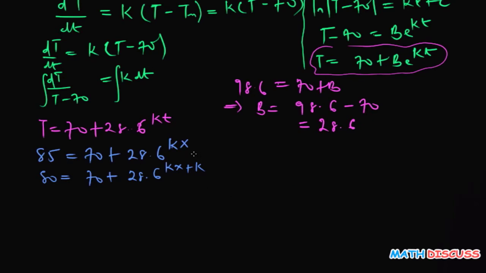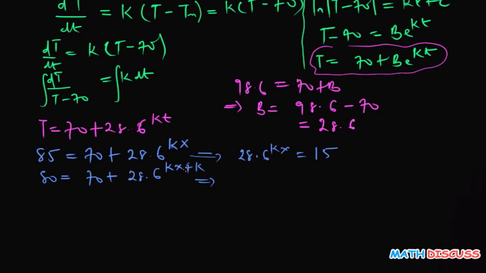So now from here we have 85 minus 70, so that's going to give us 28.6 to the power kx equals 85 minus 70 is 15. And then this is going to give us 28.6.